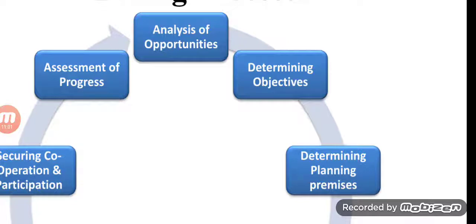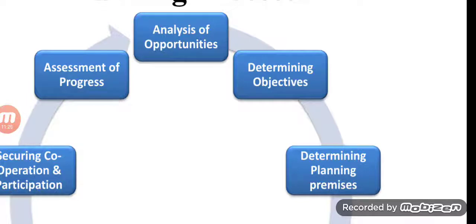So before this point, we cannot start any other points. The first point of the planning process is analysis of opportunity, because a single organization has many opportunities to perform and get, but here we have to analyze which opportunity is best, how it is best, what is the possibility, etc. There are four points through which we can analyze the opportunity.